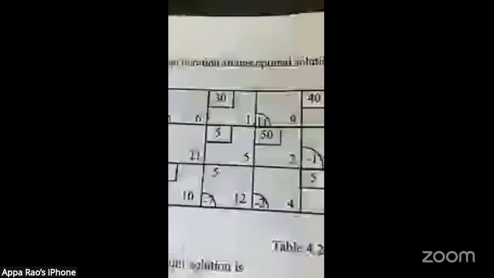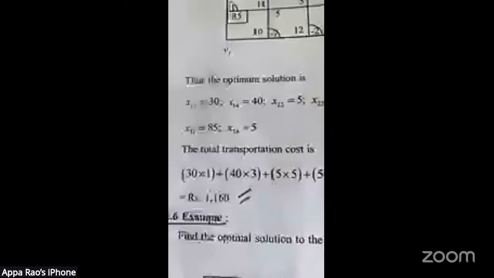That means 0, 35, 11, minus 1, 18, 85, minus 7, 5, 12, 1, 11, 50, minus 2, 4, 2, 9, 43, minus 1, 8, 5, 7. UI is 0, 4, 4, 0, 4, 4. So the optimum solution is x11 equal to 30, x14 equal to 40, x22 equal to 5, x23 equal to 50, x31 equal to 85, x34 equal to 5.